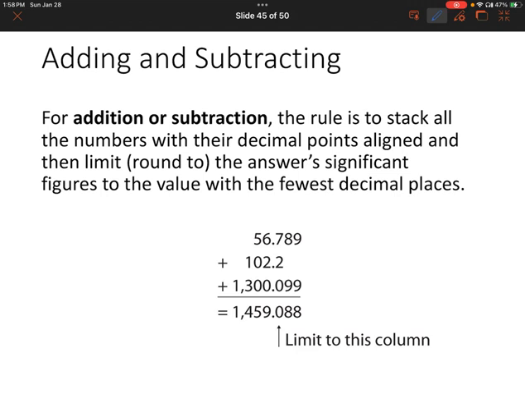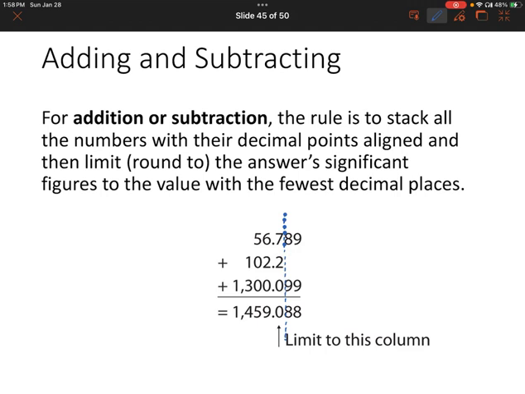However, notice that the number in the middle, 102.2, only goes to the first decimal place, the tenths place. So that means our final answer can only go to the tenths place. So what I like to do is I like to just draw a little line all the way through, and that's how I know where to cut off my answer.